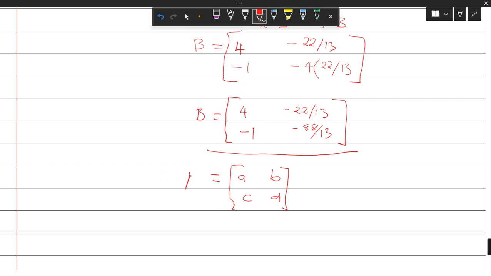So let's say this is matrix A, which equals these letters inside. Then if we want to find A inverse, the inverse of A.